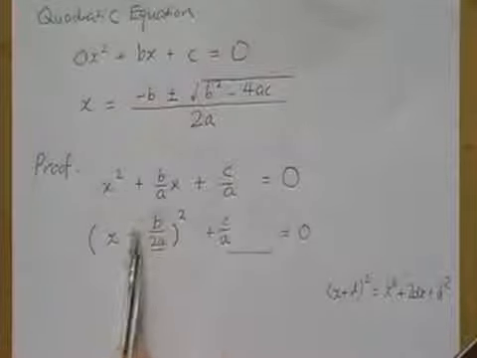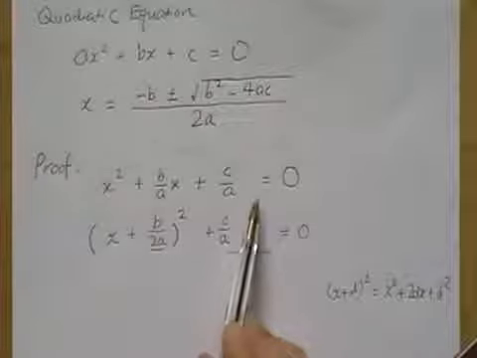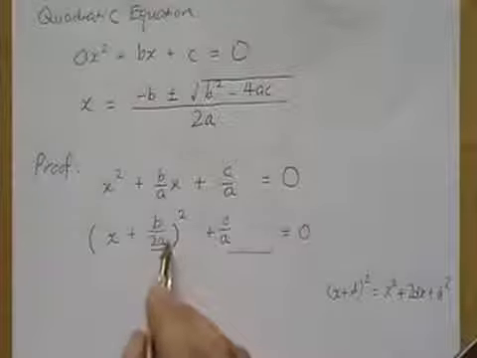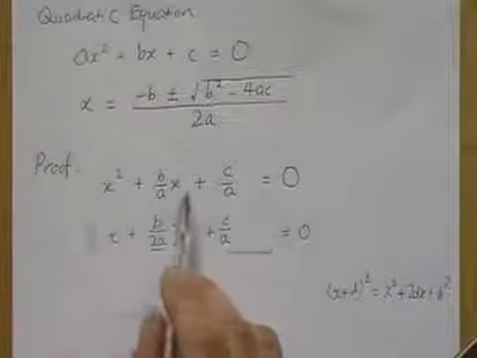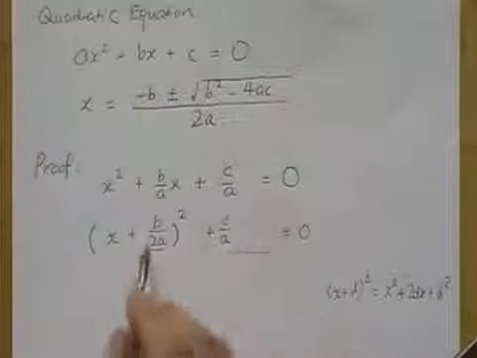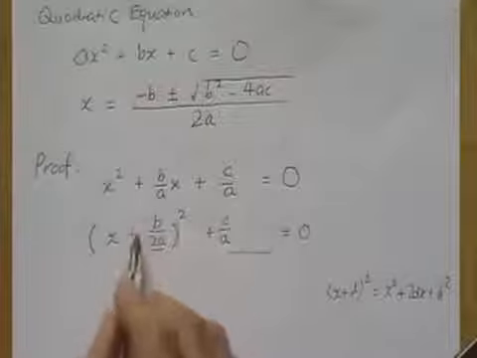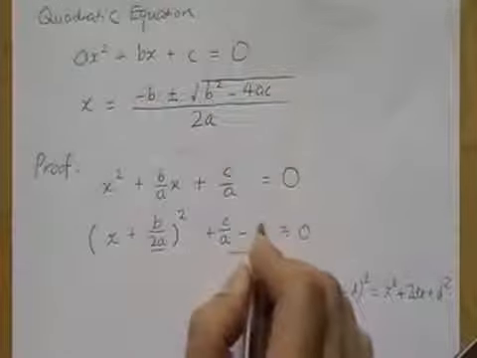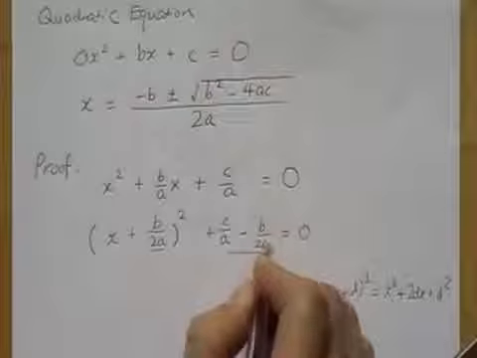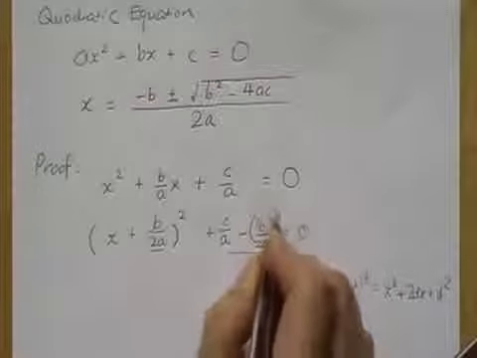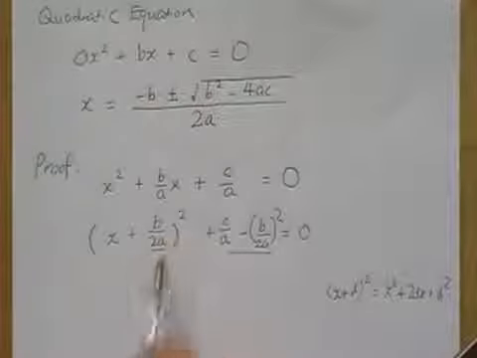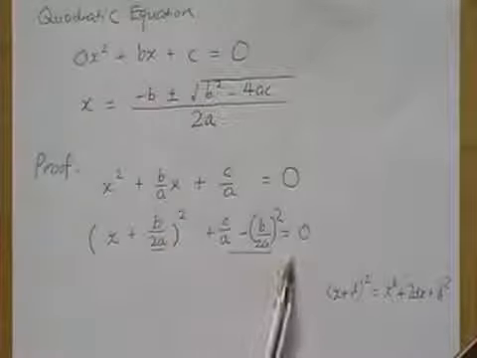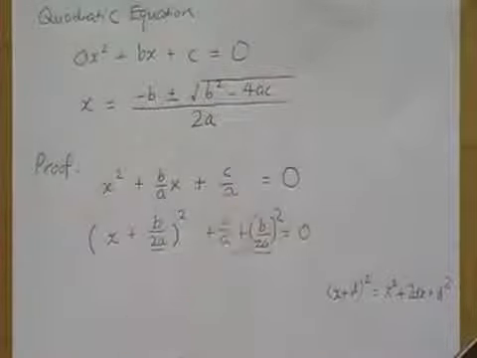But I don't have this number squared up here. So, in order that this is still the same equation as that, I must take away this number squared. I must take away the term that I would get if I expand this. Then, this whole expression would still be equal to this.